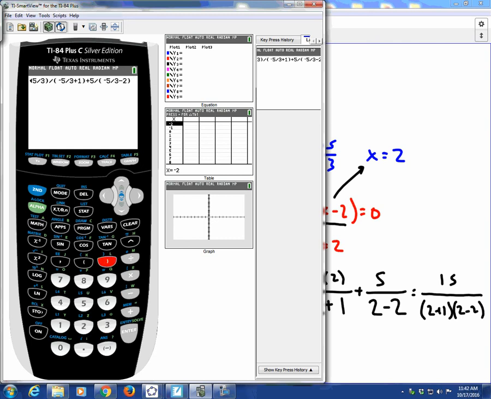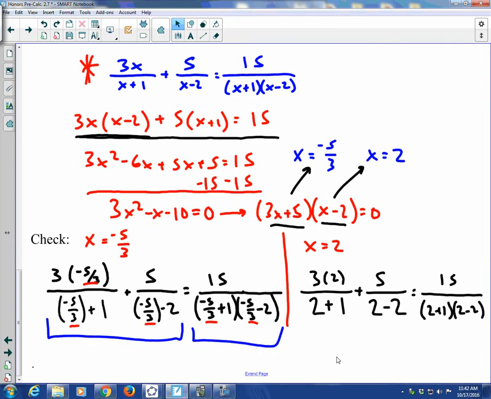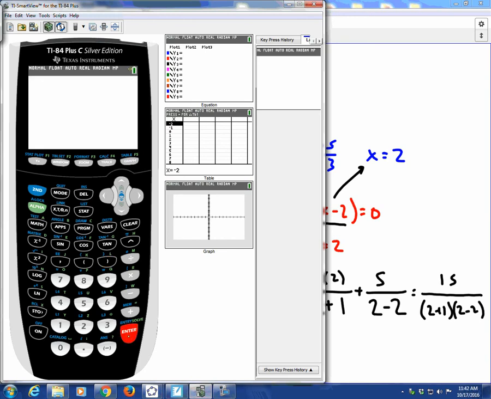So this is the left side of our equation that we just typed into the calculator. We can press enter here, and we're going to get 6.136 with that 36 just repeating.